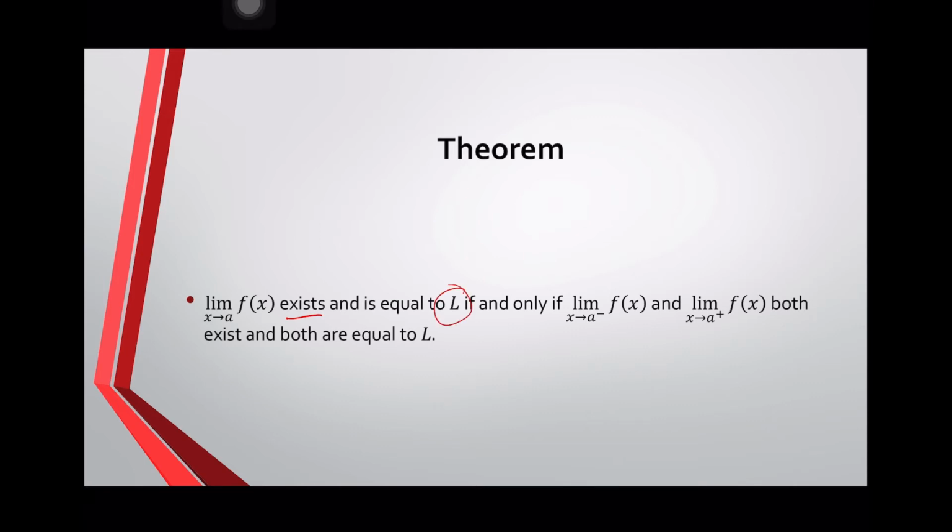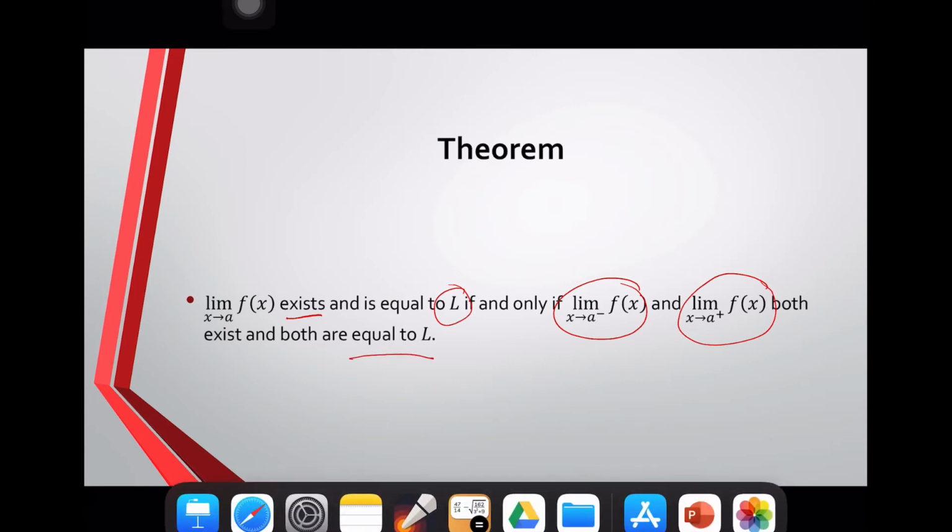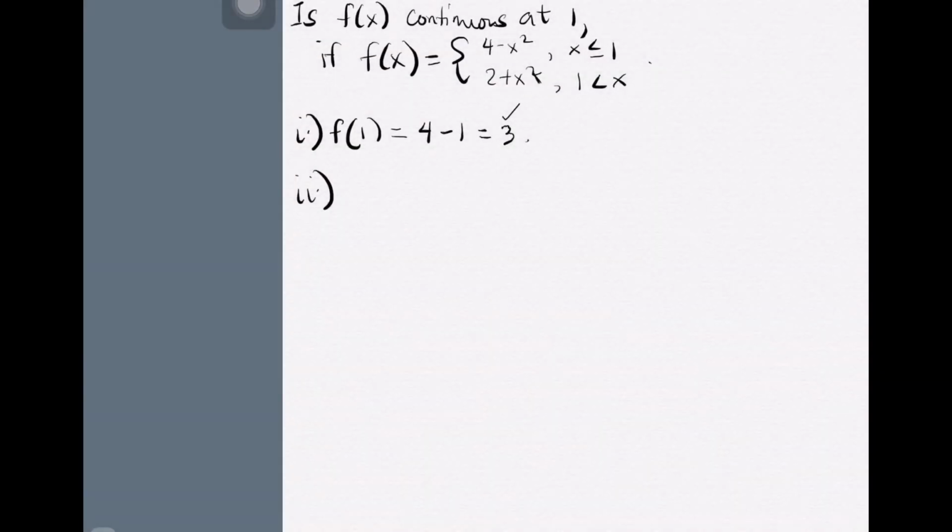That is, if we'll try to check the left-hand limit of the function as well as the right-hand limit, and both of them should be equal to L. So going back here, we have to check if the limit of f of x from the left and from the right would exist, and we should have a specific number there, right?